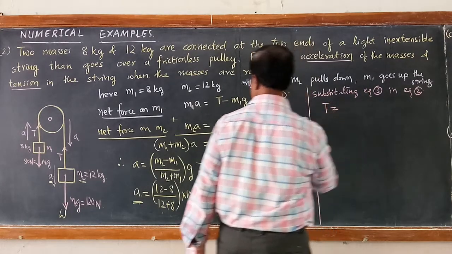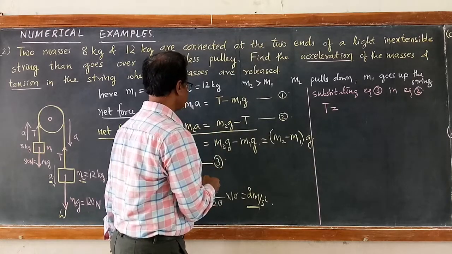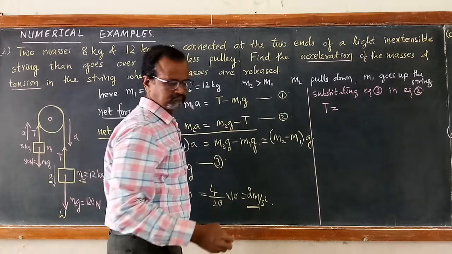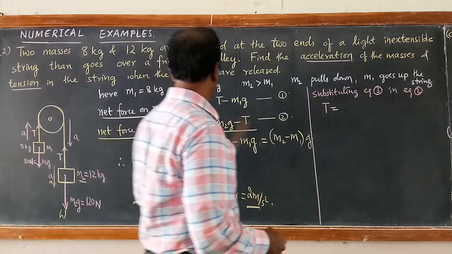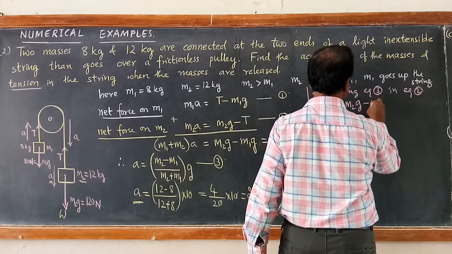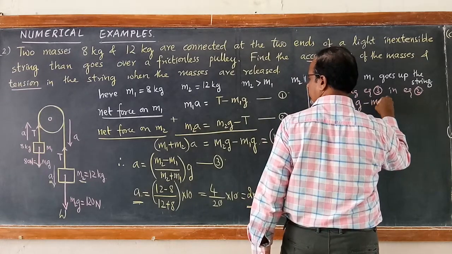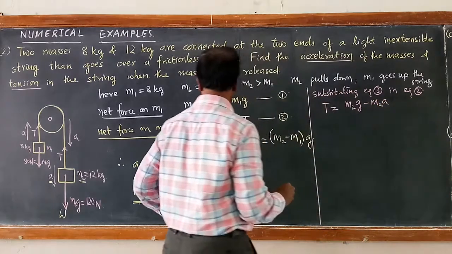So we get T equal to, take this M2 here this side. T equal to M2G minus M2A. M2G minus M2A.